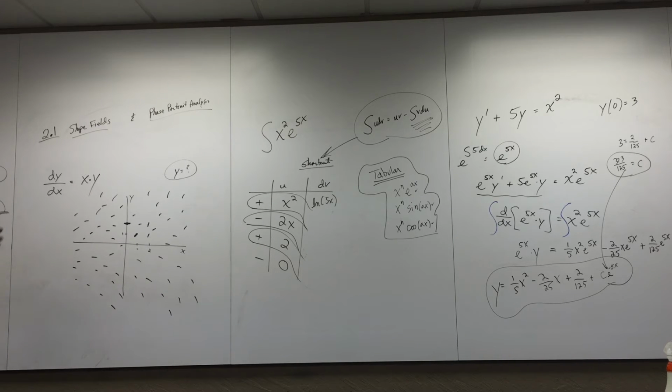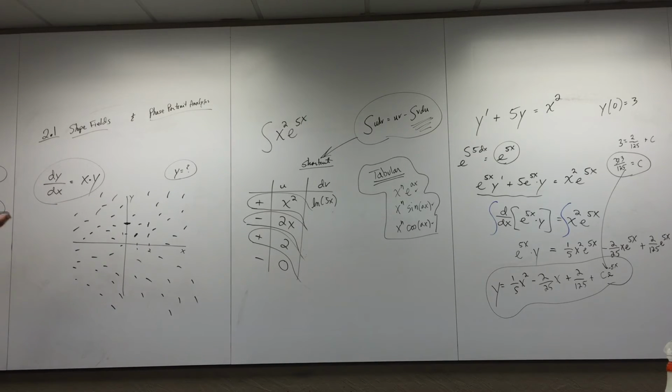In section 2.1, our book has some pictures of slope fields. If I put this on a quiz or a test next week, I'll give you a slope field. I'm not going to ask you to create a slope field. I'll give you a picture of a slope field. This is the DE, and what we can do is not solve the DE, but speculate on what its answer looks like.